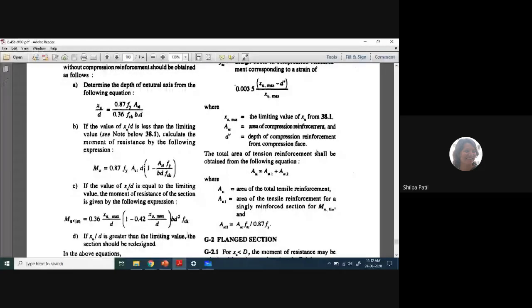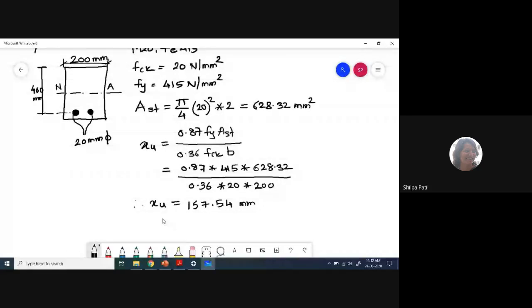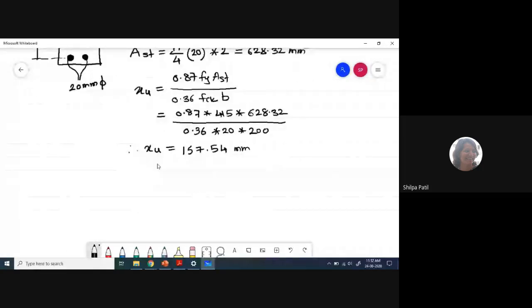So let us go back to our calculation. We have already calculated XU, and now we will calculate XU max. We have already seen the code for KU max value or XU max value.